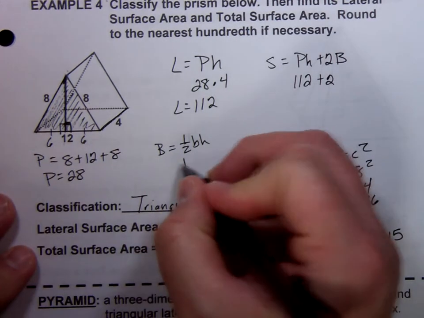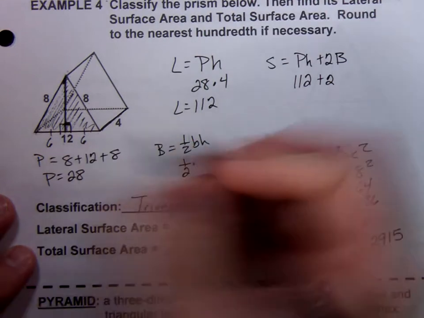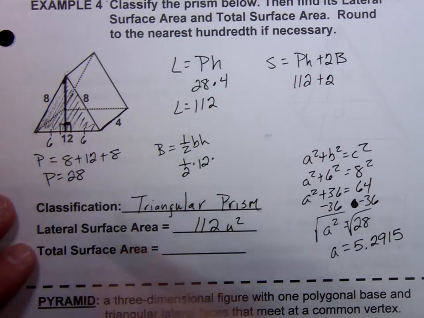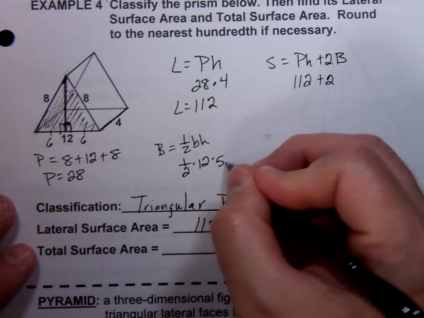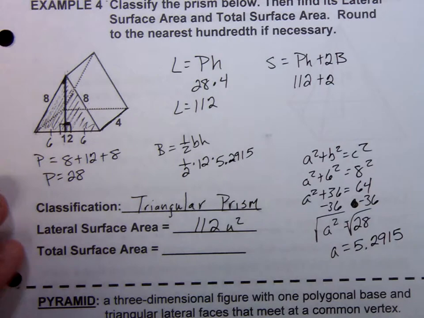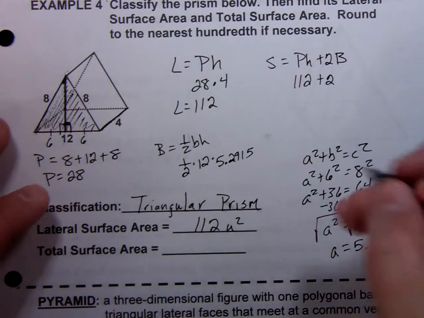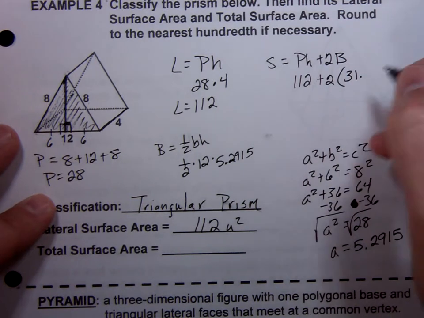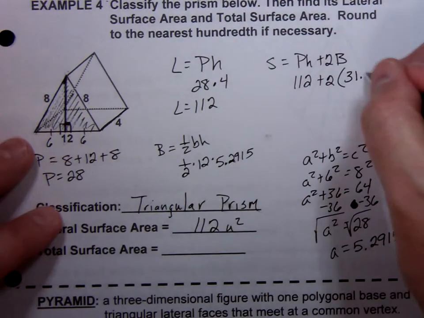So the base for the triangle was 12, and we just found out the height of the triangle is approximately 5.2915. So we got 1/2 times 12 times 5.2915. And when we do that, we should get approximately 31.75.